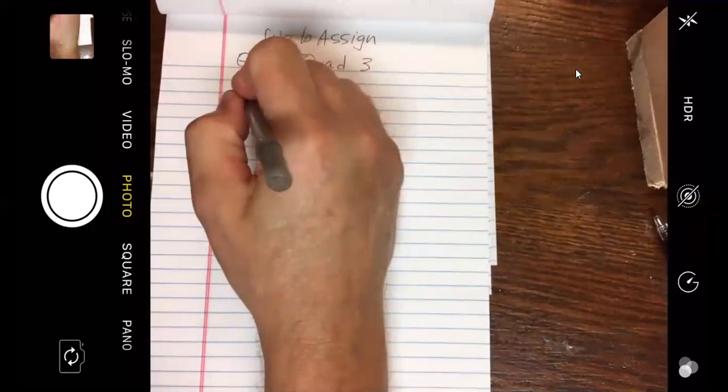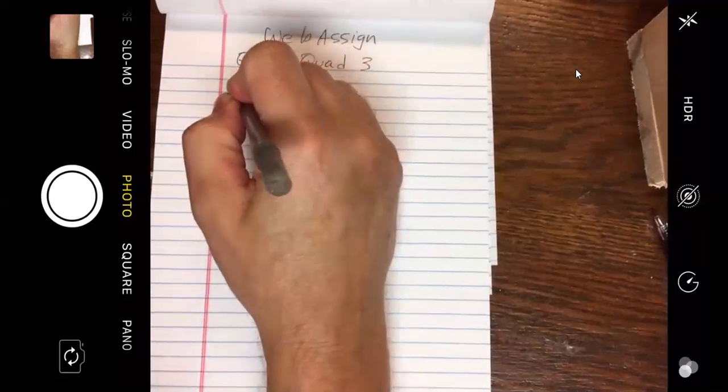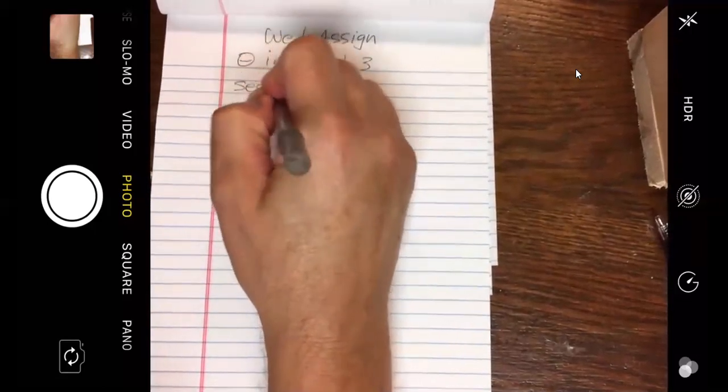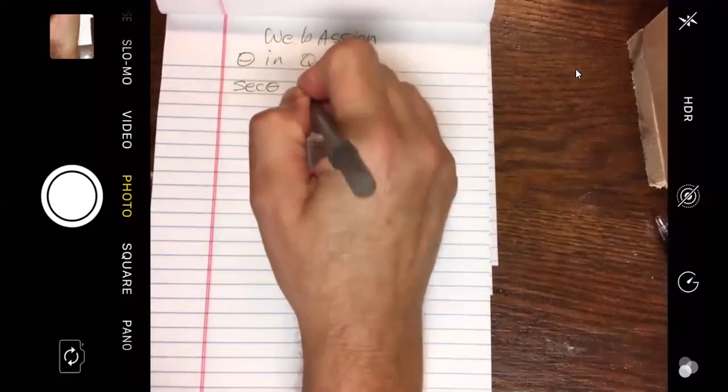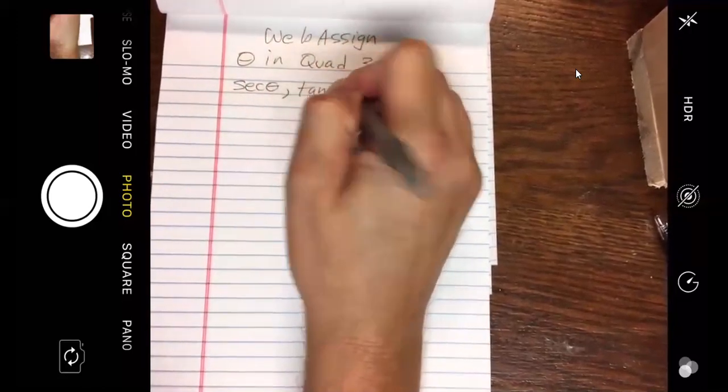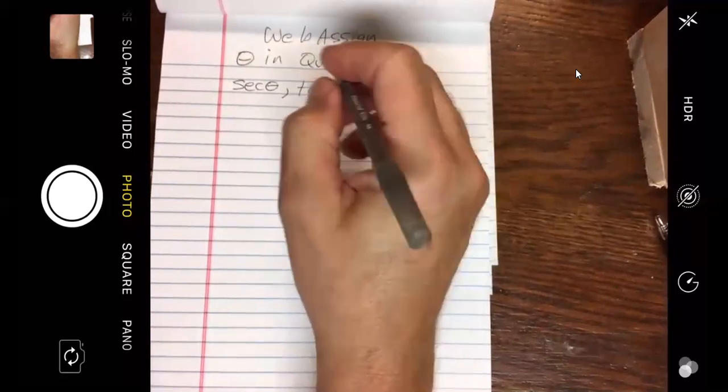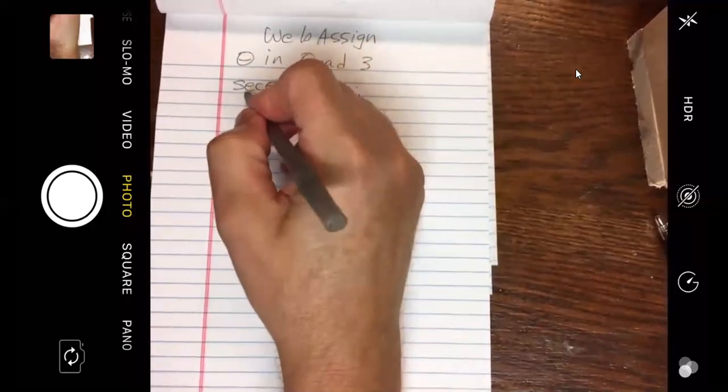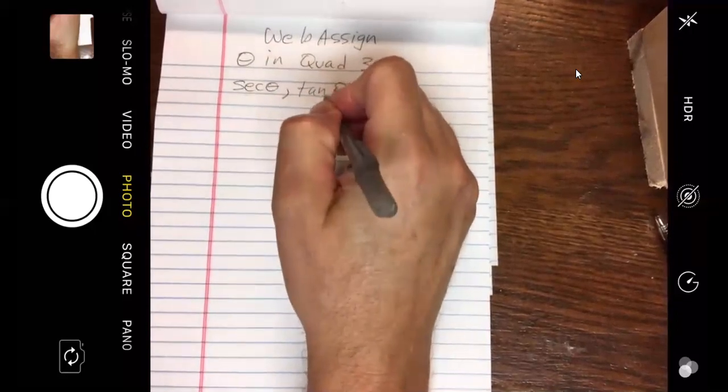My question 3 wouldn't be the same as yours. Can you give me the formula? It says sec theta, comma, tan theta, semicolon, theta in quadrant 3, and it says write the first in terms of the second.